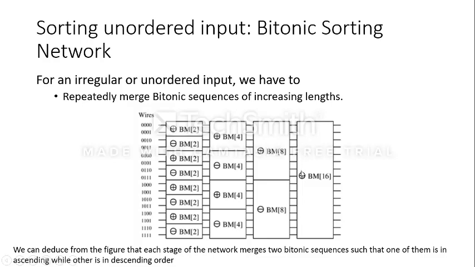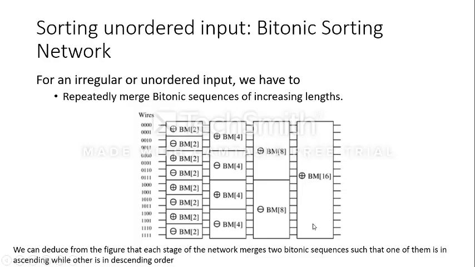Those four times correspond to the four different columns of the Bitonic merging in the sorting network, and then we get the final sorted output.